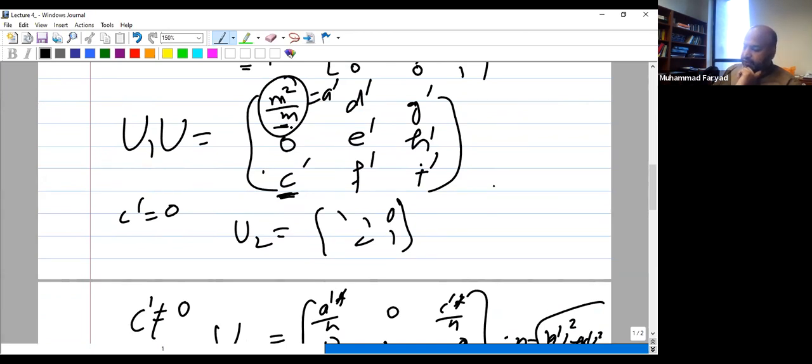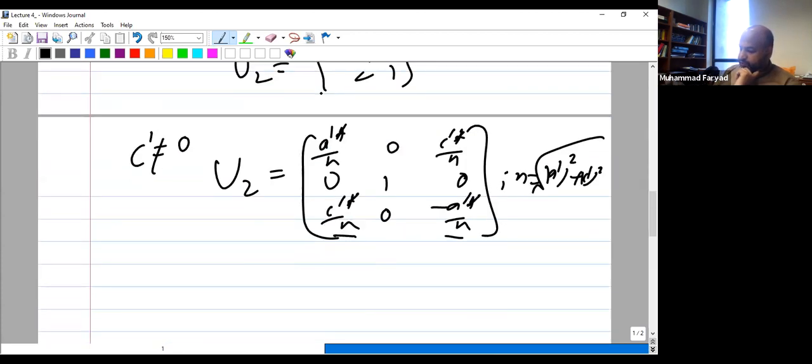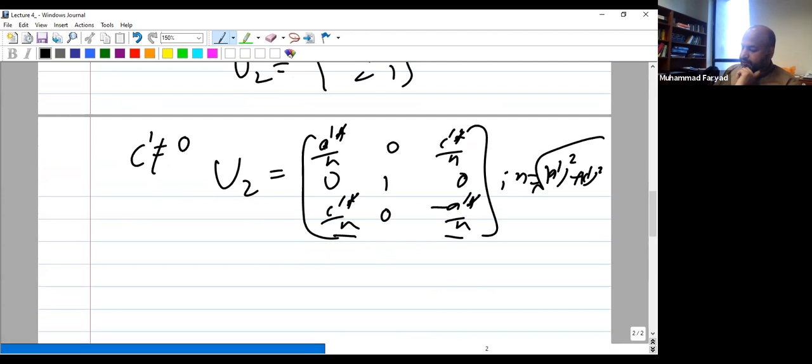Let's see what I get at this point. Here I have A prime and there's a C prime. So A prime mod, A prime star and C prime star.